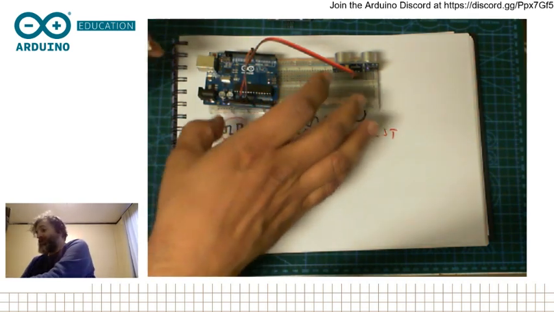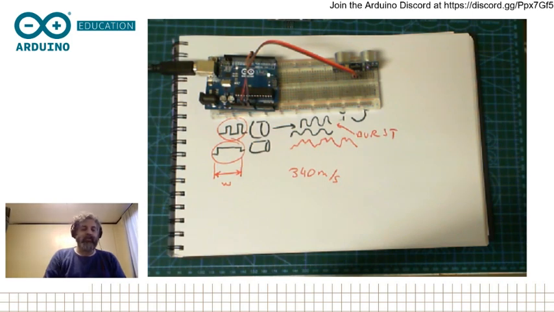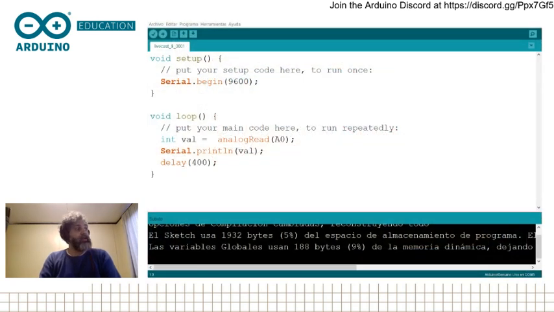And what I'm going to do is look for the software for this sensor. The Arduino IDE does have some software, but it's not necessarily for this sensor. So let's take a look at the IDE first. And here we go.